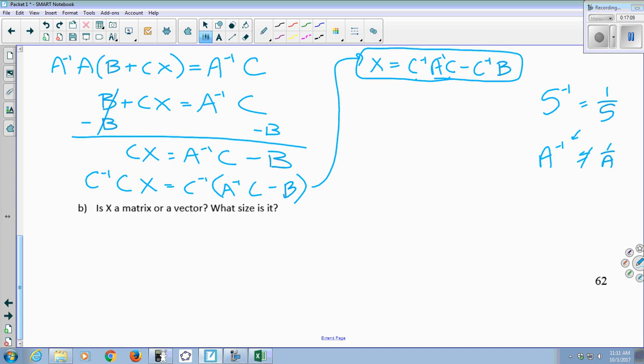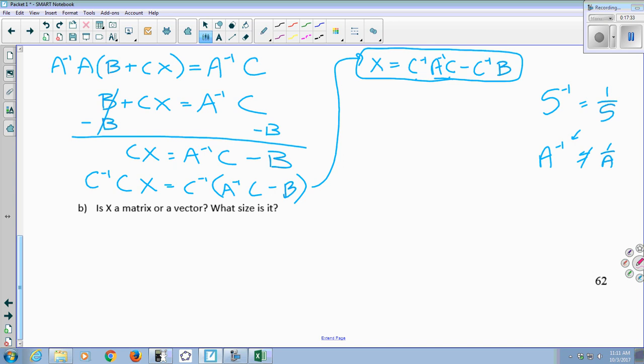Now X, what is it? Is it a vector? Is it a matrix? Is it a number? It's a matrix. Yep. Because it's equal to a bunch of matrices with stuff being done to it, right? So all of my original matrices, A, B, and C, were n by n.